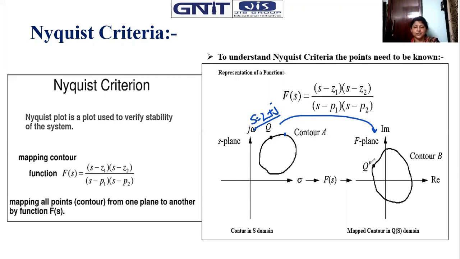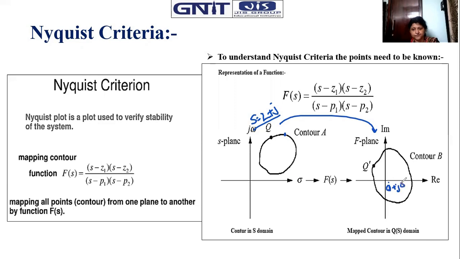Now just see, this is basically the position of S showing. Now, if we replace that S domain function into the F(s) function, that means each S value we put into F(s) as a function of S, right?